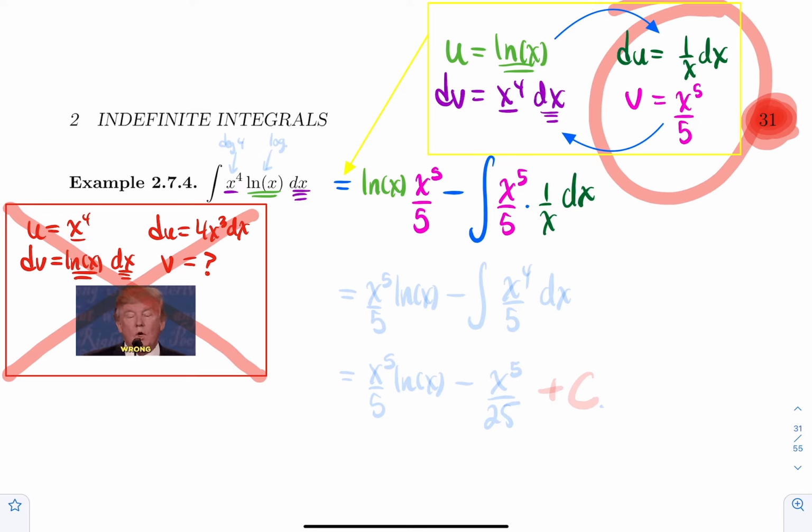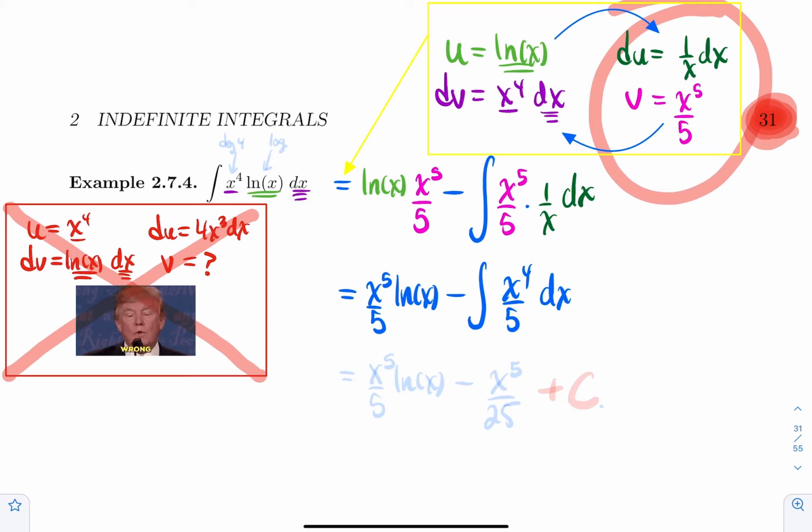Don't be tempted to integrate too soon. You need to simplify if needed. So x⁵ over x will simplify to x⁴. So if I rearrange using the conventional order, I'll put the power function first. So here x⁵ over 5 ln of x minus the integral of x⁴ over 5 dx.